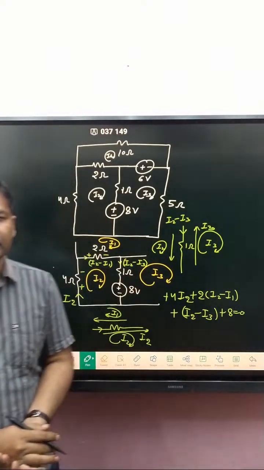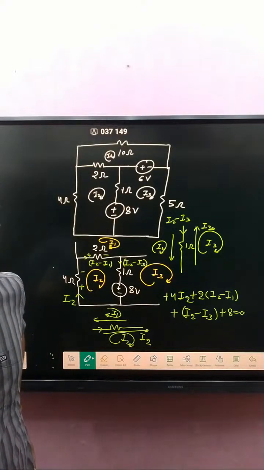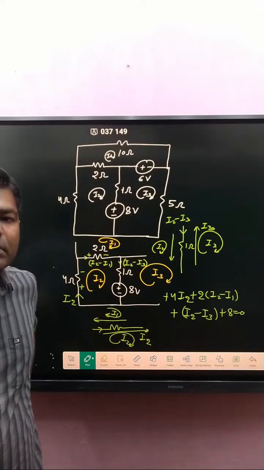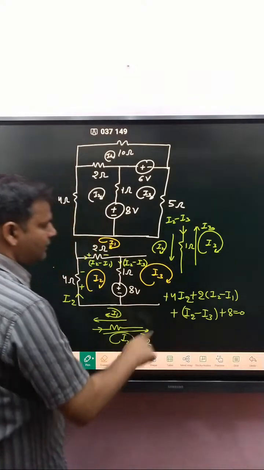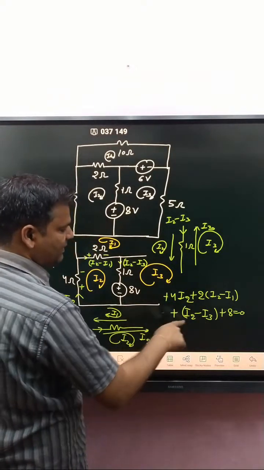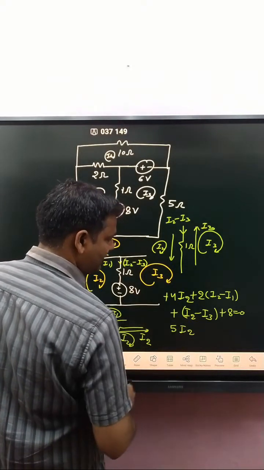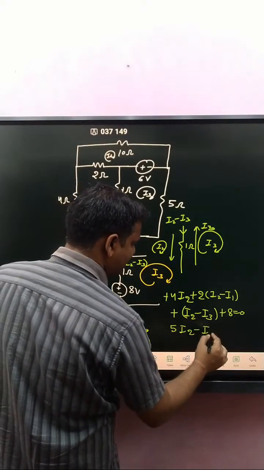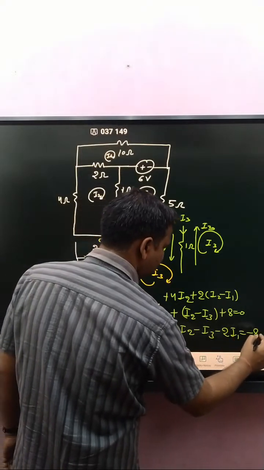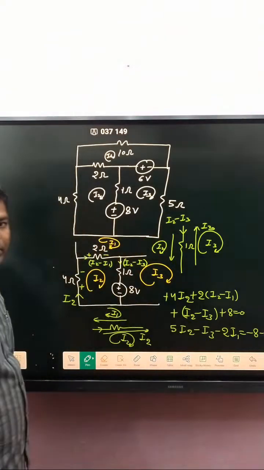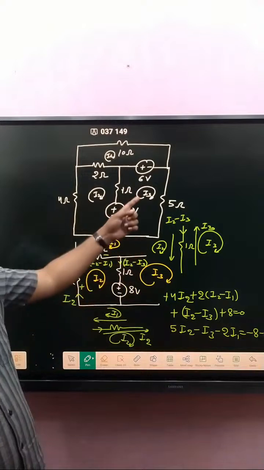Okay, 4 plus 2 and plus 1, that is 5 I2, minus I3 minus 2 I1, this is equal to minus 8, equation number 1.